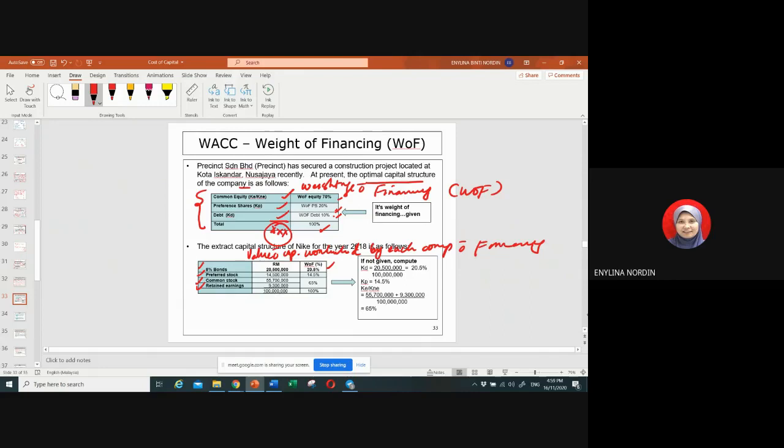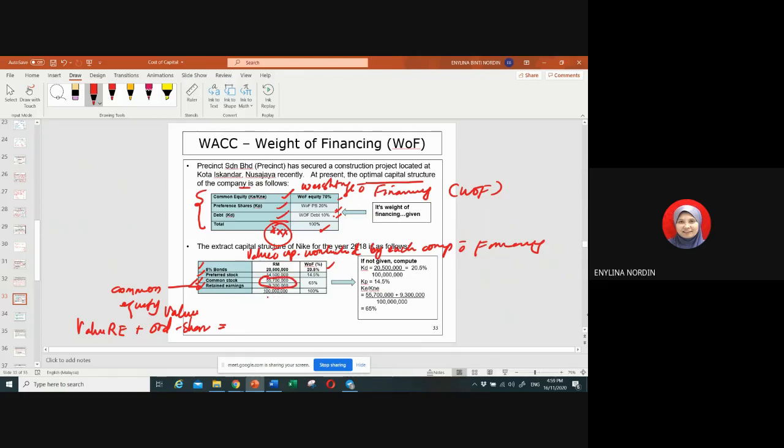And out of 100 million, 65% is actually contributed by the common stock and retained earnings. These two we combine and call common equity, which is the retained earnings plus the ordinary shares. The value of retained earnings plus the value of ordinary shares or common stock: 55.7 million plus 9.3 million, divided by 100 million.